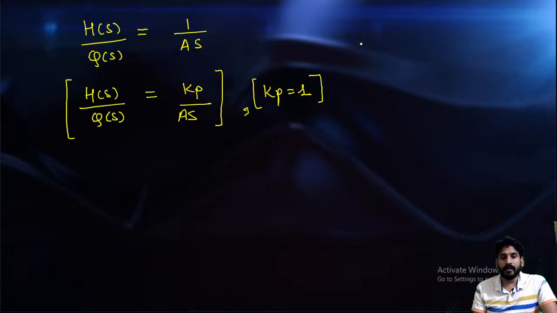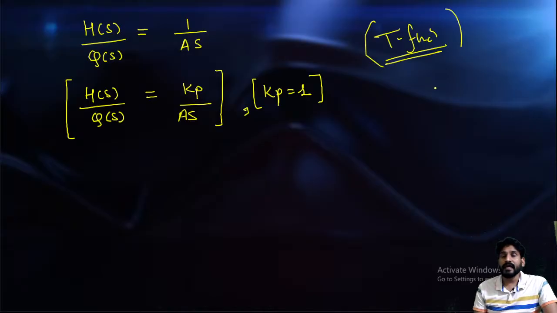First of all, see, the transfer function is a very, very important relation, and by seeing the transfer function, I can tell what is the order of the process. Let's suppose I have a transfer function.